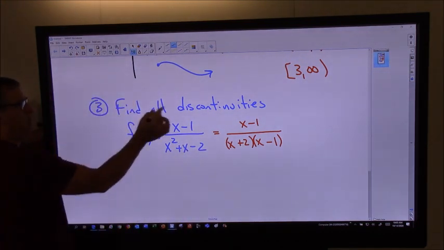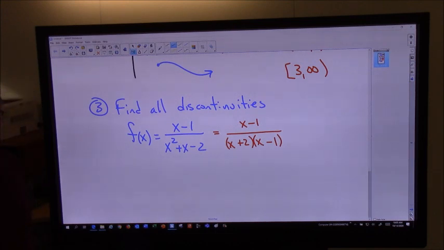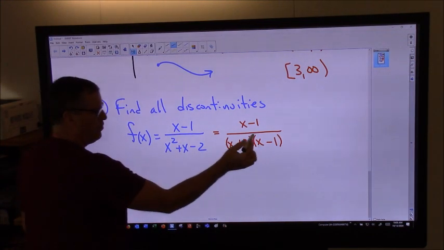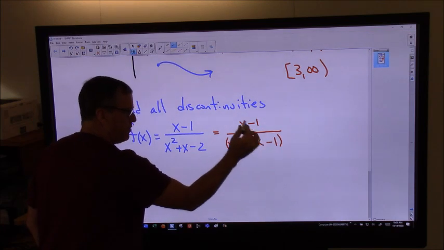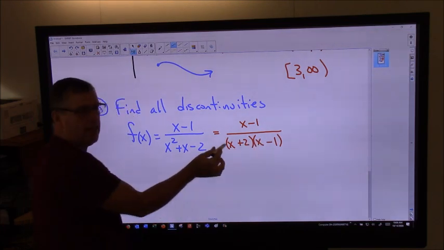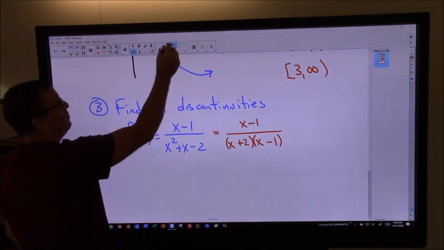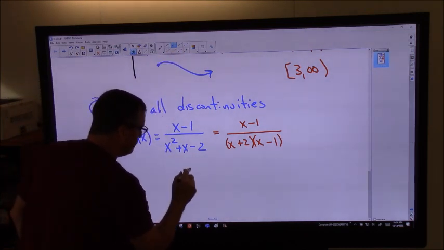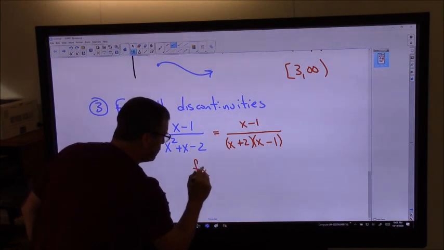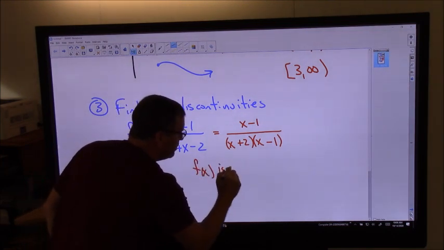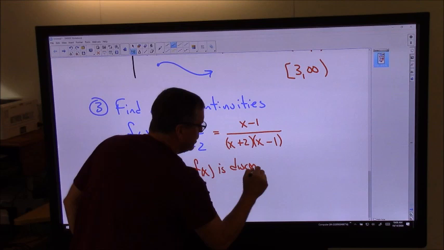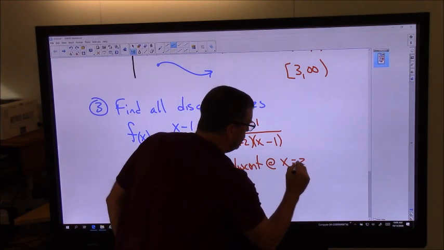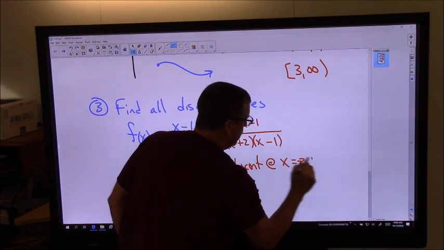But if all I'm trying to do is just say, where is this function discontinuous, I see what makes the denominator equal 0. Whether it's a hole in the graph, because those two are the same, or if there's just an asymptote. I don't really care what's breaking the graph. I just want to acknowledge that it's happening. So f of x is discontinuous at x equals negative 2 and 1.